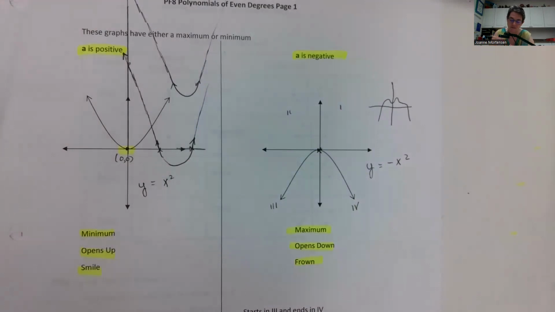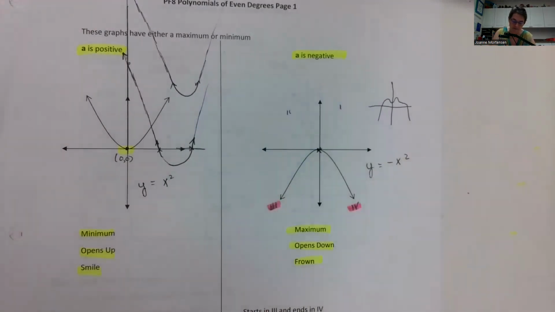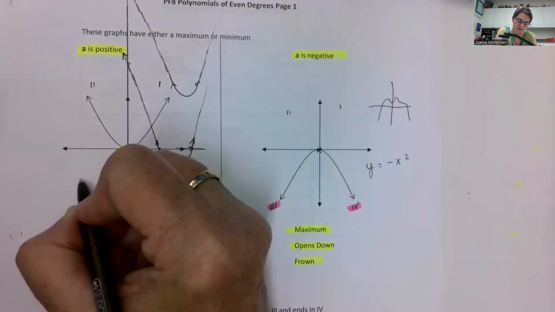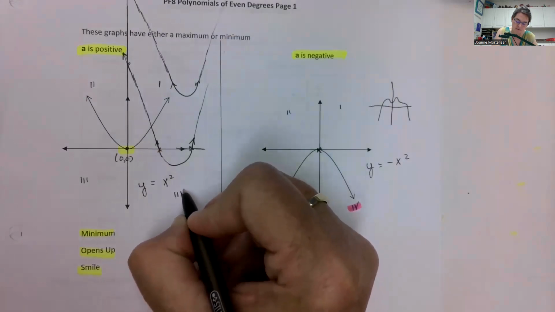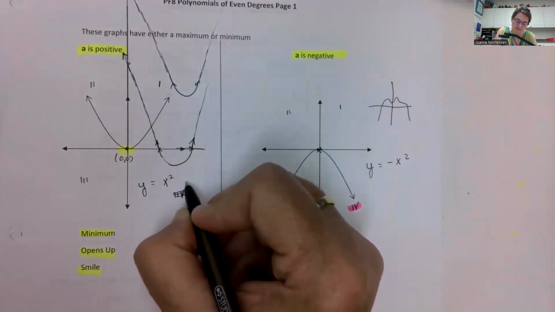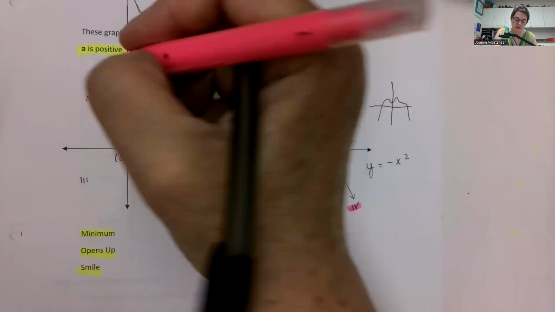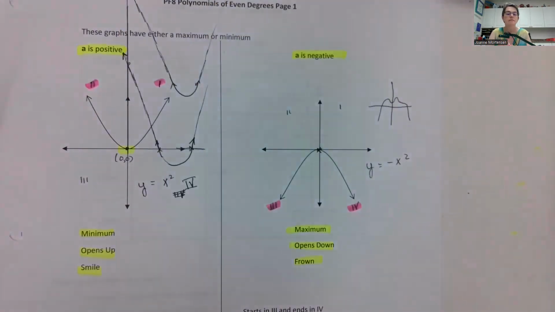So it's either going to be 3 and 4 when it's negative, or 1 and 2 when it's positive. So some examples.